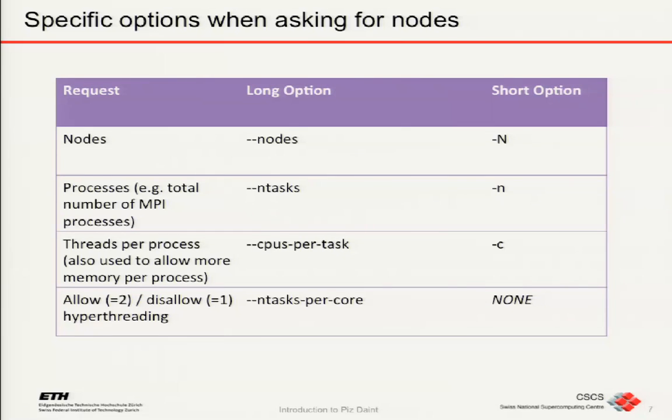If you say, I want to use 2 tasks per core, and tasks in this case, there's a little bit of a terminology issue, because at one point, Slurm is talking about tasks in terms of MPI processes, and that's why CPUs per task is how many threads per task, effectively. And then here, the thing we've had to overload is the tasks per core, which causes confusion if you think, what happens to the threads? But it was something we needed quickly to be able to put into place.